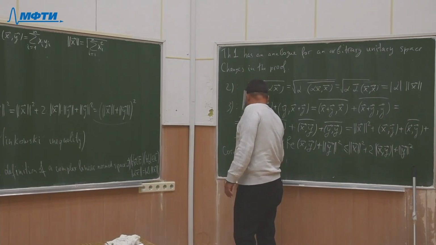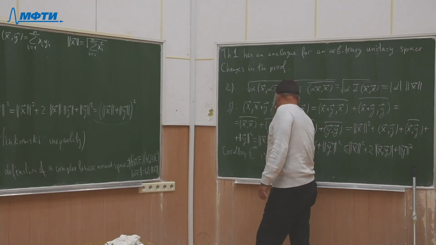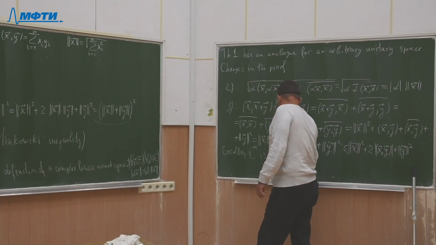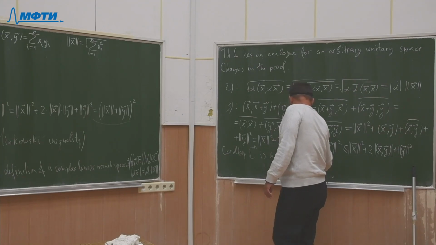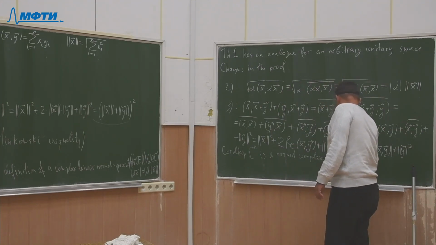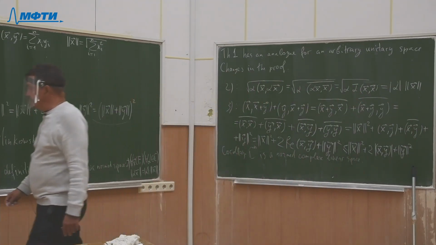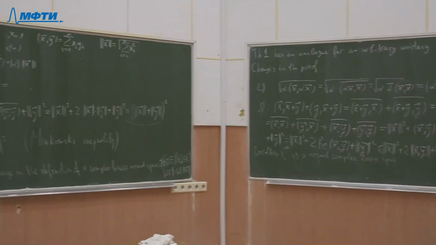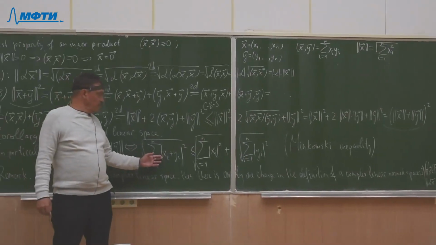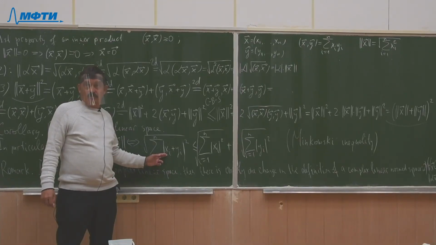And it means that as a corollary, Cn is a normed complex linear space, right? And in particular, Minkowski inequality holds not only for real x and y, but also for complex as well.